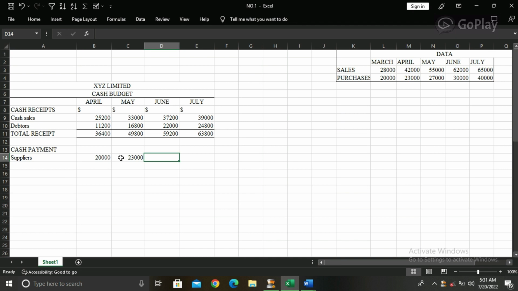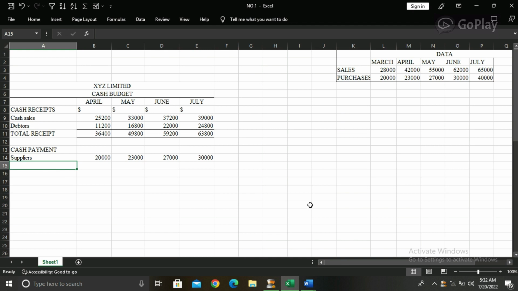And likewise for June, we are going to make the payment for May in June. And in July, the purchases made in June, we'll be making the payment in July, which is 30,000, as we can see on the screen.